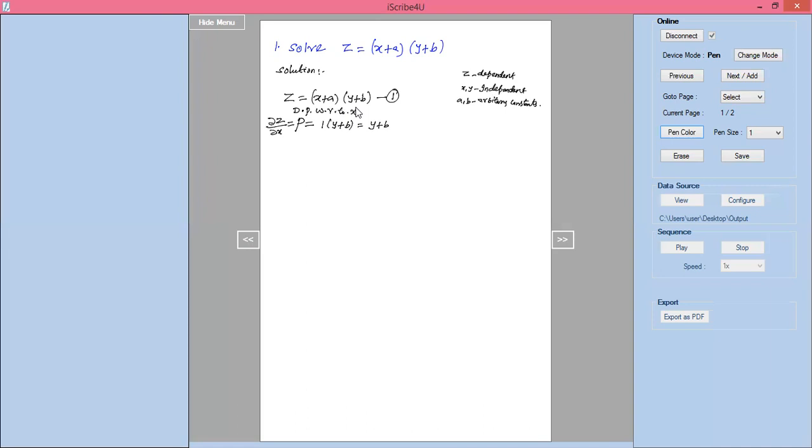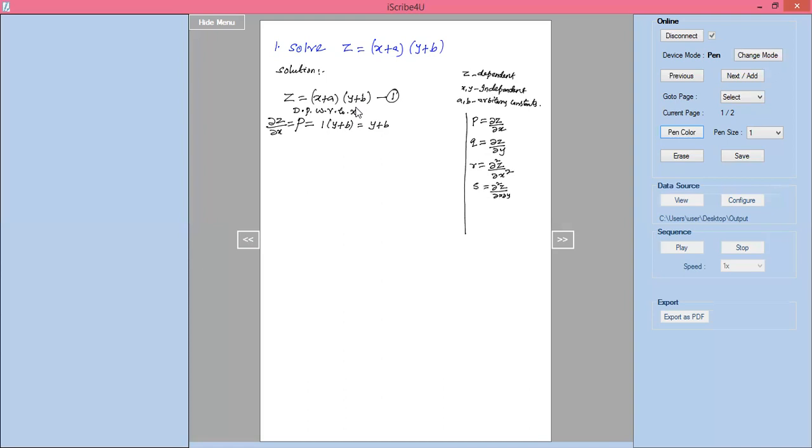Before going further, what is p? We will use these notations. p is dou z by dou x. q is dou z by dou y. r is dou square z by dou x square. s is dou square z by dou x dou y.